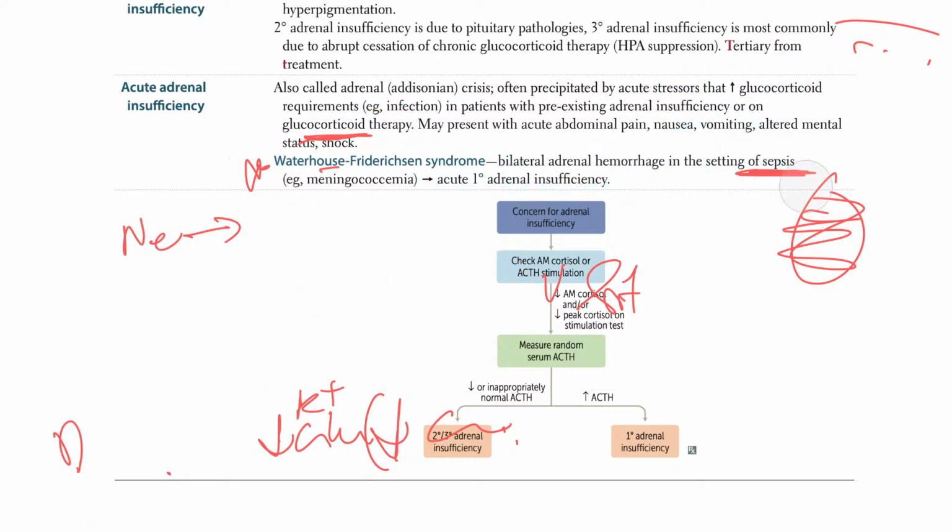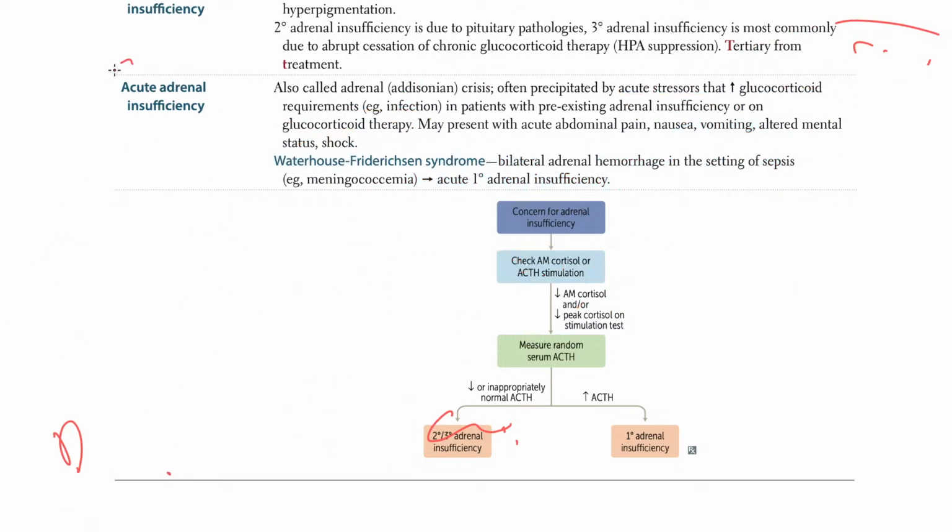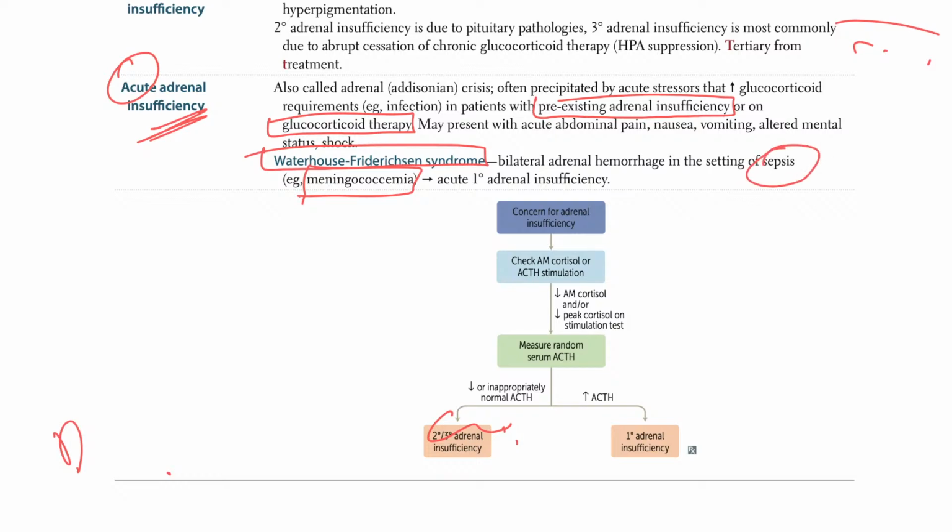Again, we talked about three causes of primary adrenal insufficiency: either the patient is on glucocorticoid therapy, or there is a pre-existing adrenal insufficiency, or there is an infection, meningococcemia due to Neisseria meningitidis, causing sepsis, DIC, and shock, leading to hemorrhage in the bilateral adrenal glands.